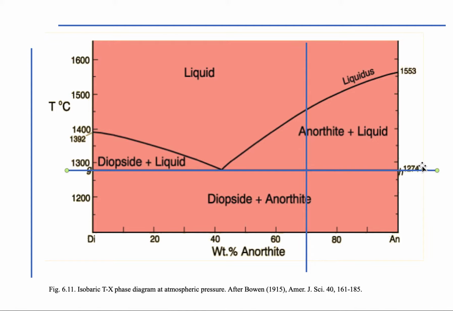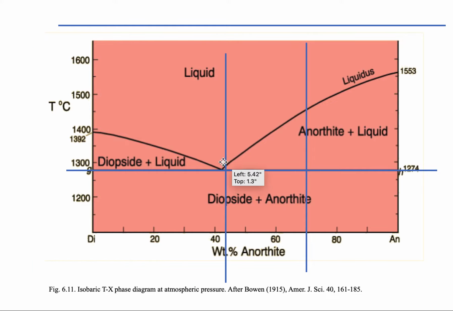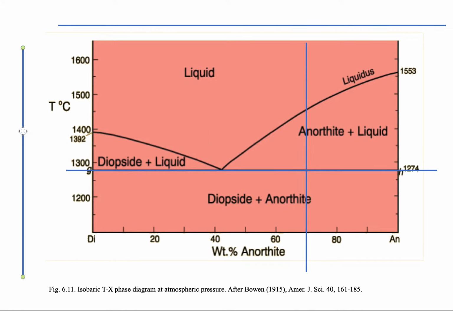All of the heat that we withdraw from the system, all of that thermal energy, will go into converting liquid into crystals. Diopside and anorthite will crystallize together, and they will crystallize in a proportion that's equal to that eutectic proportion there. And so something close to about 42 weight percent anorthite, and then the rest being diopside crystals that are forming.